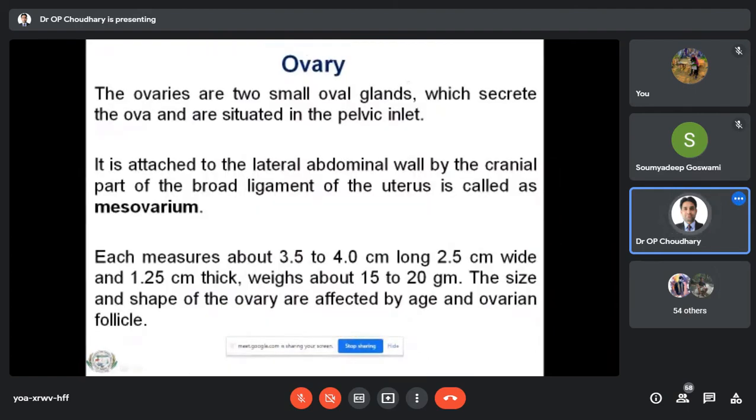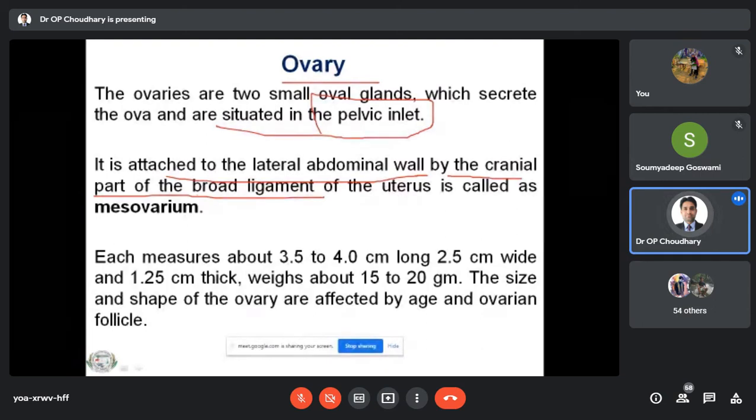Then the ovary. The ovaries are two small oval glands, and the main function of the ovary is to produce ova by the process of oogenesis. These ovaries are situated in the pelvic inlet. The ovaries are attached to the lateral abdominal wall by the cranial part of the broad ligament.